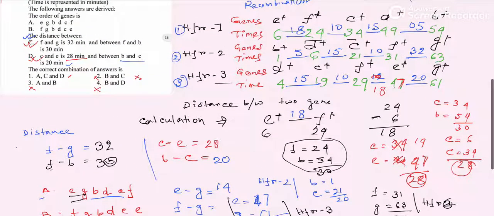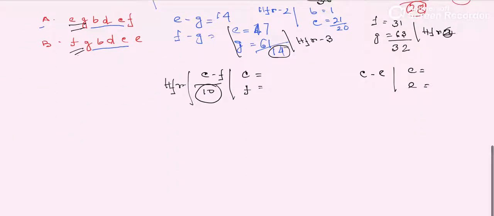For C and E, we find them in HFR3, where C is 19 and E is 47. So the distance between them is 28.